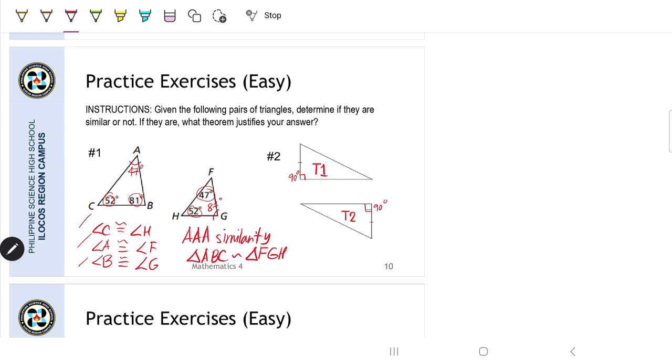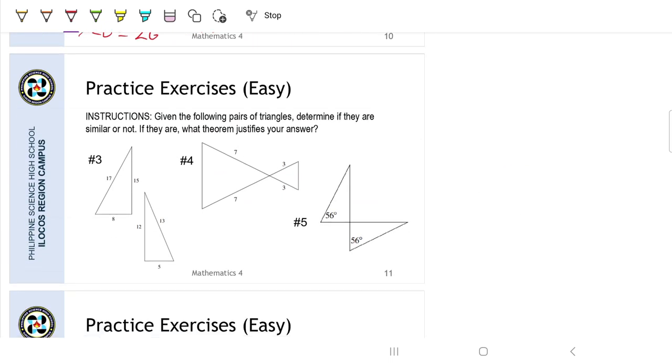Aside from that, we also know that this side of T1 is congruent to this side of T2. And there is no more information available for us to decide. So for number 2, since there is not enough information, kulang, we can say that the two triangles are not similar. Not enough information.